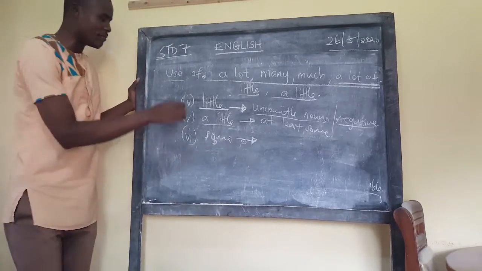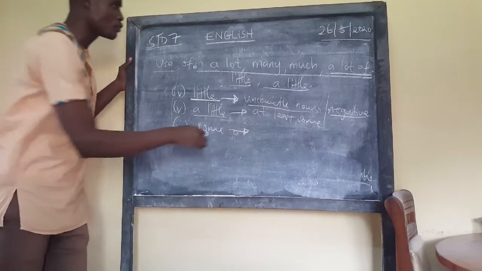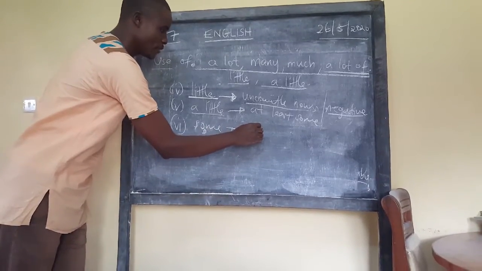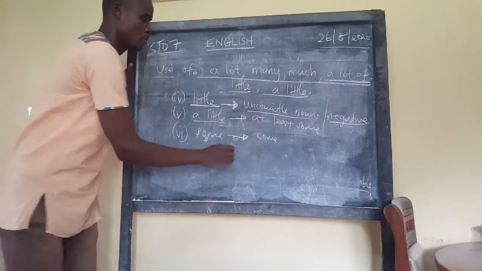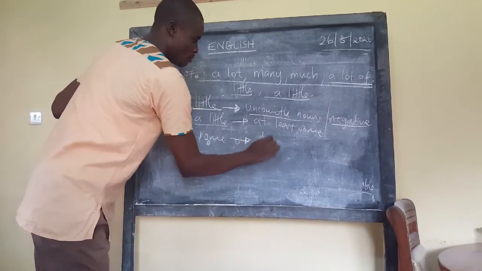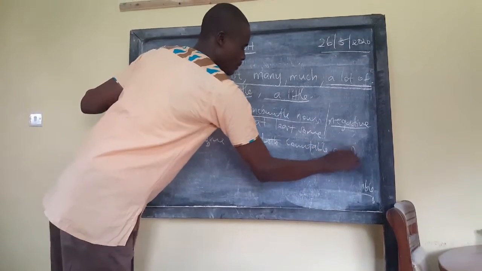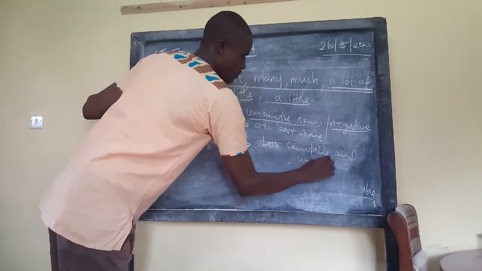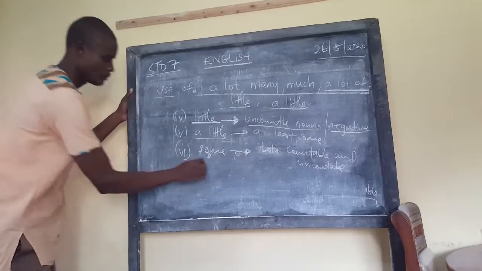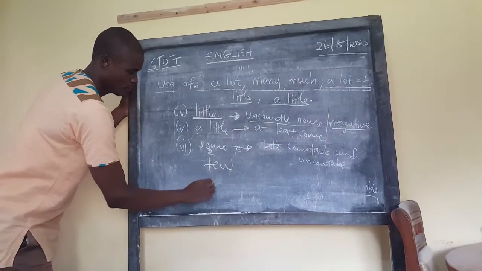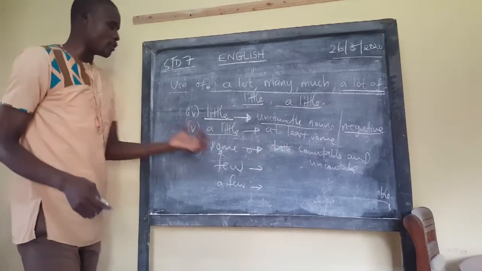Let some be our number 6, which is used with both countable and uncountable nouns.